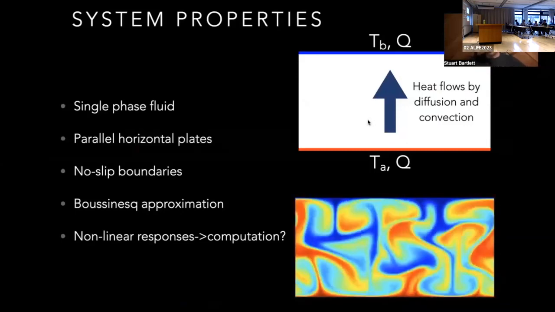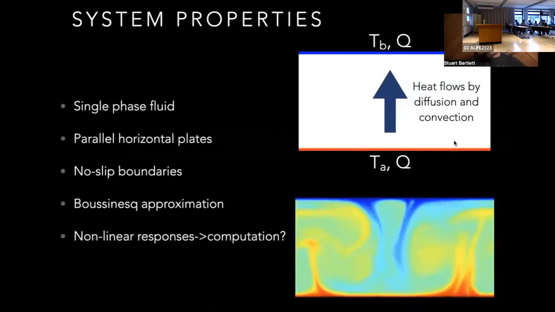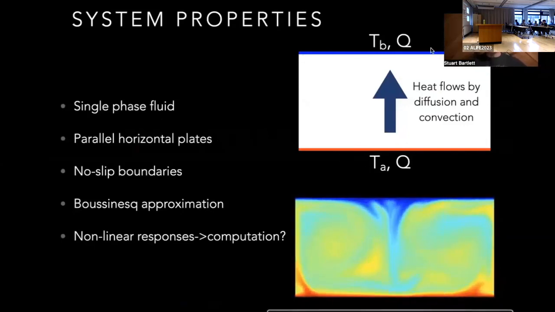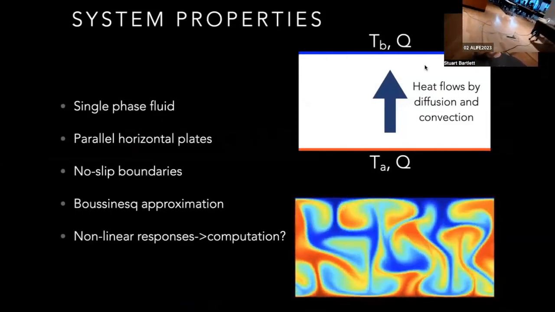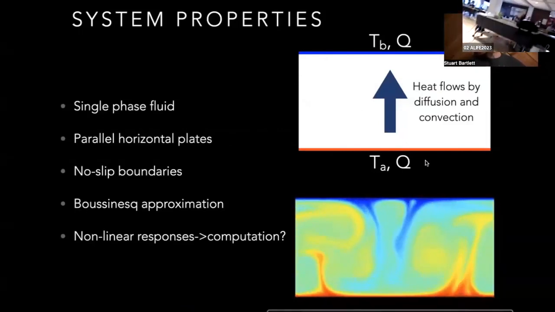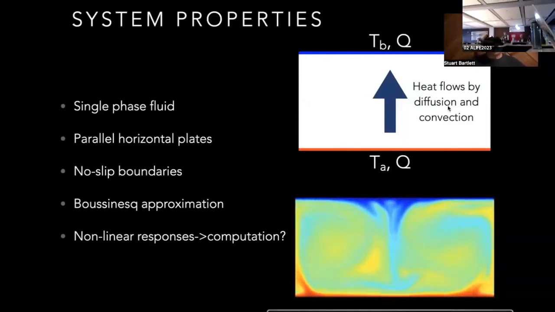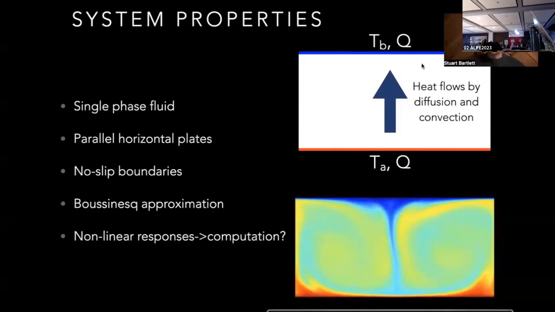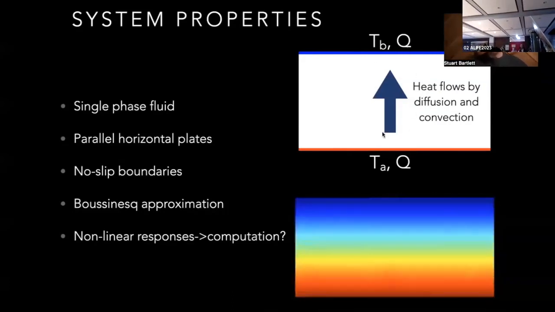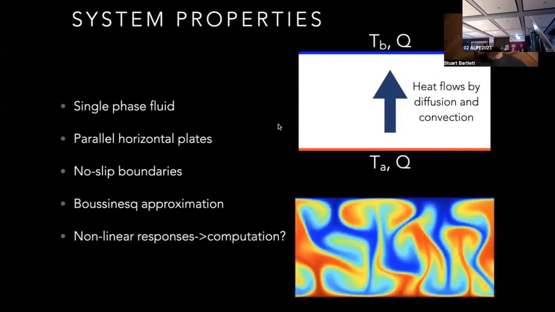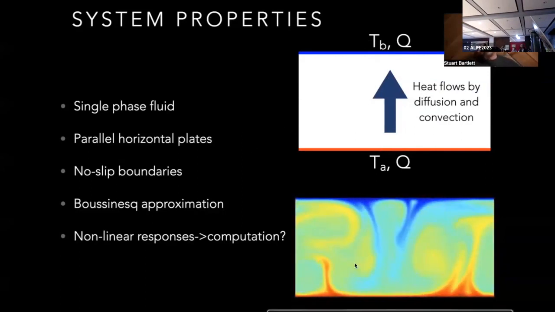It's a 2D system. We assume that there are two plates forming the upper and lower boundaries. One of them typically is heated to a high temperature, and the other is cooled to a lower temperature. Heat flows through the system by diffusion and convection, and so the system is free to choose this heat flux variable Q, since the two temperatures across the system are fixed.